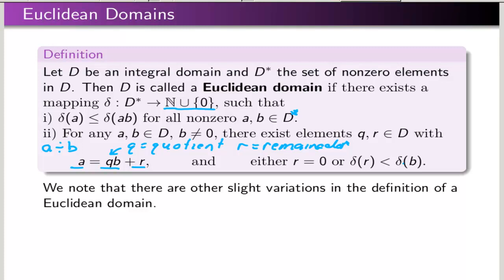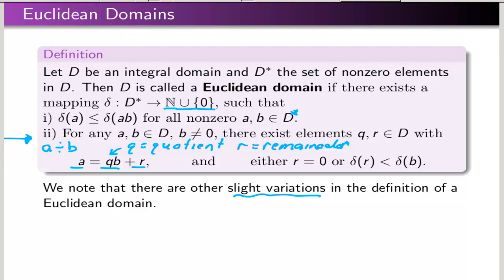So what we have to do is map D star into the natural numbers so that we have a sense of what's bigger in the domain D. And there are other slight variations you can find in this definition in the literature, but we're not going to concern ourselves with those things. They all have this key property number 2, that a Euclidean domain is essentially an integral domain that has a division algorithm.